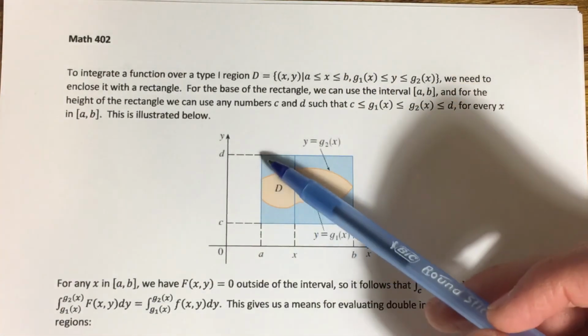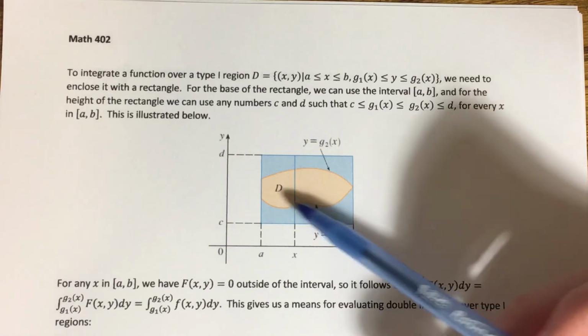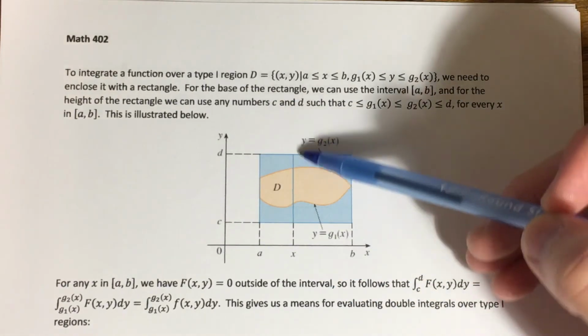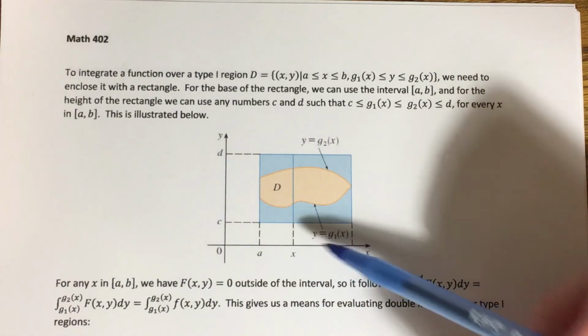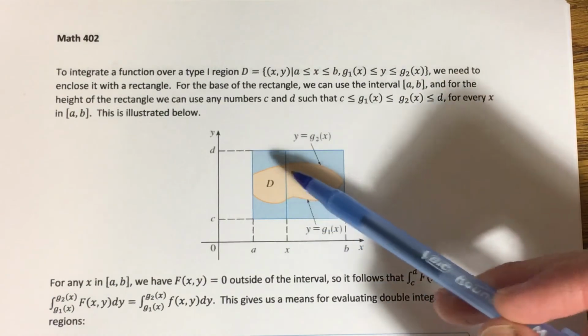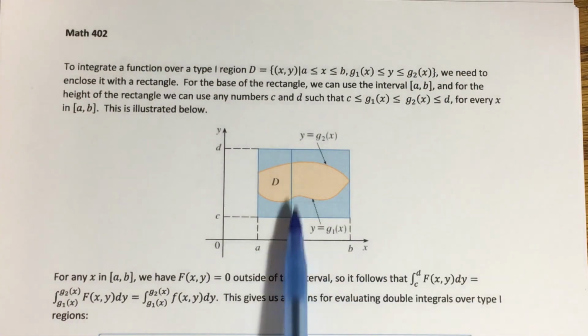In this case, if this is my region D here that I want to integrate over, and we've enclosed it in this rectangle here, I want to consider the surface, which we can't see here, but the surface that would be lying above this region D, if I sliced it with this plane passing through x, perpendicular to the x-axis, and passing through this point x right here.